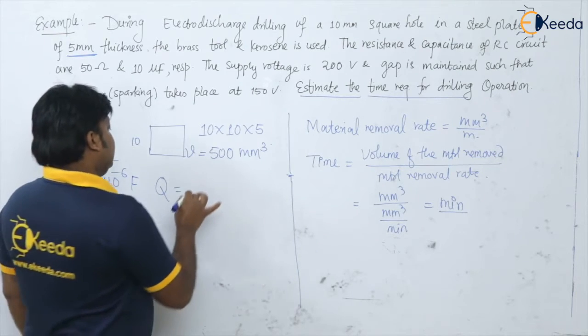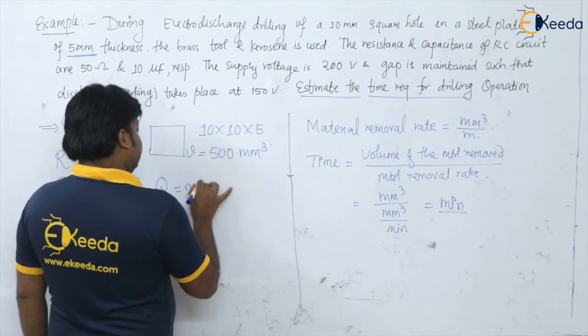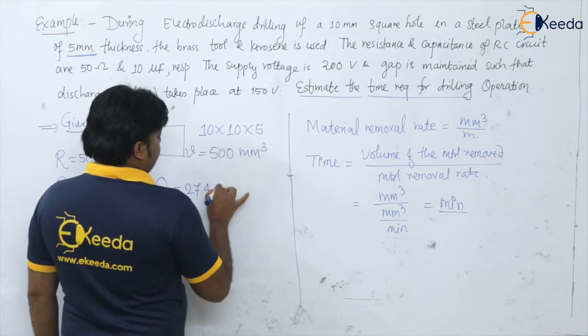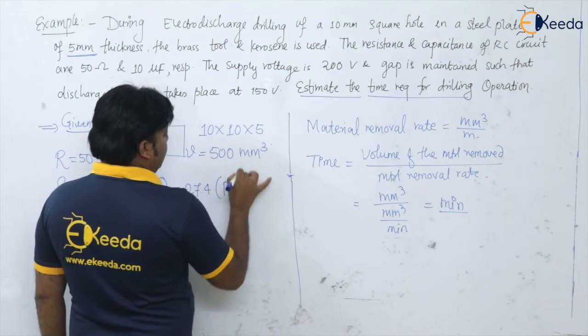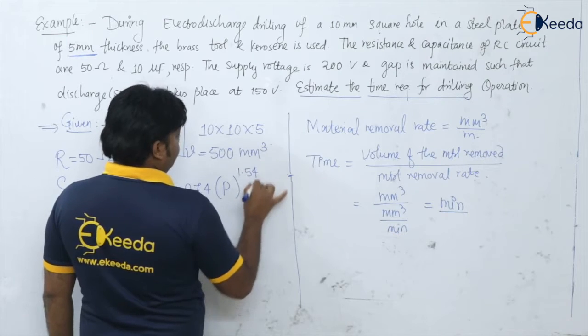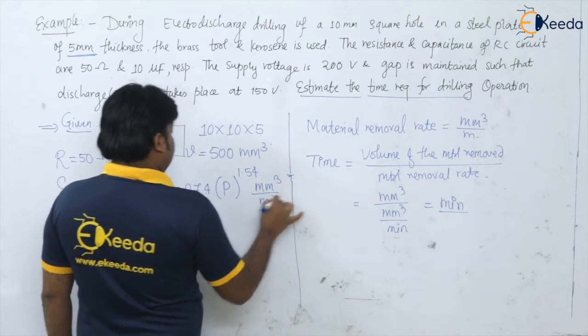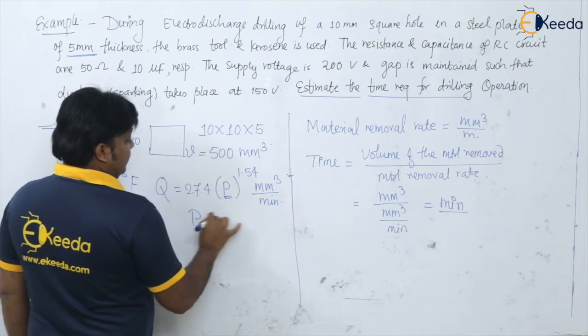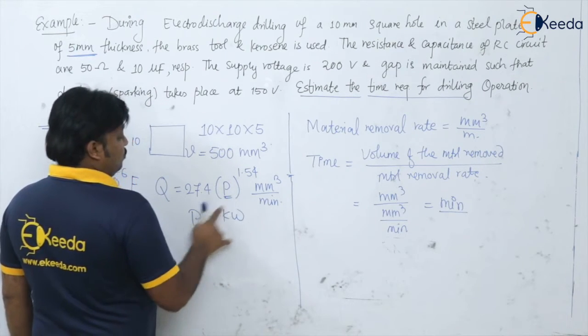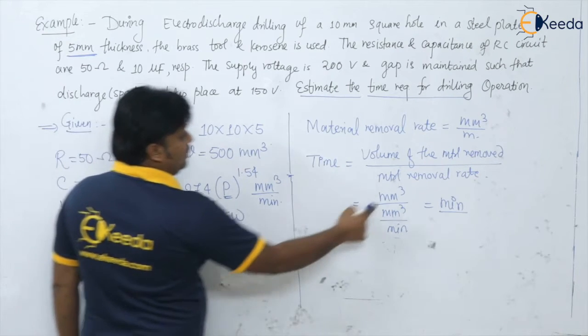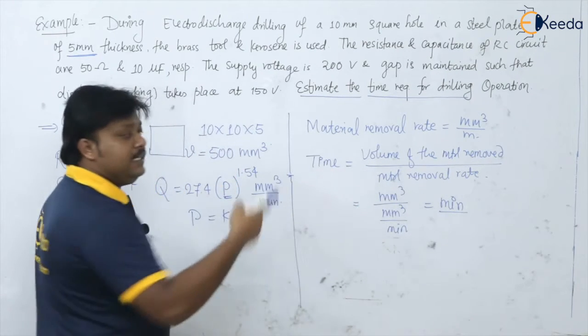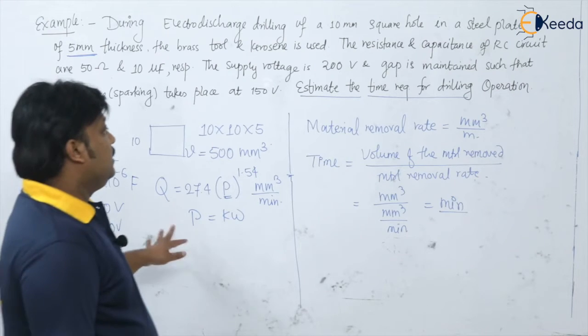We know that it is 27.4 into P to the power 1.54. It is in mm cube per minute. So for that we should put this power in kilowatt, so that we put this value here and get the Q and put it here, so that we can get the total time required for this drilling operation.